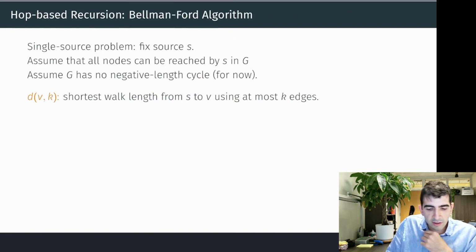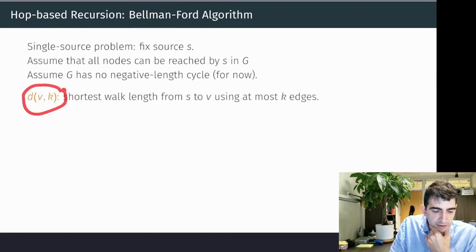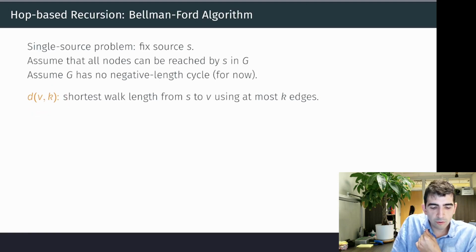So let's come up with a recursive function called d_v(k), which represents the shortest walk length from S to V using at most k edges.